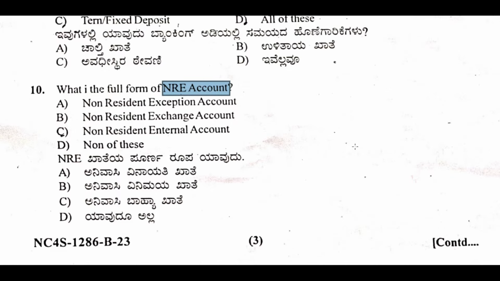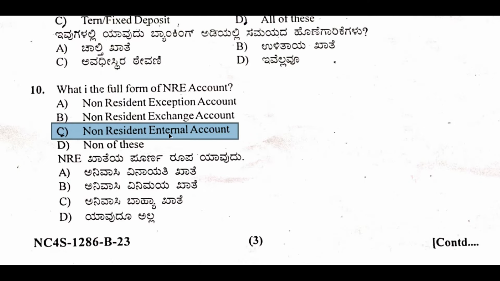The spelling mistake is there: it is printed as internal, but it's actually external. Even in the question there is a mistake, where 'what I' is printed instead of 'what is'.